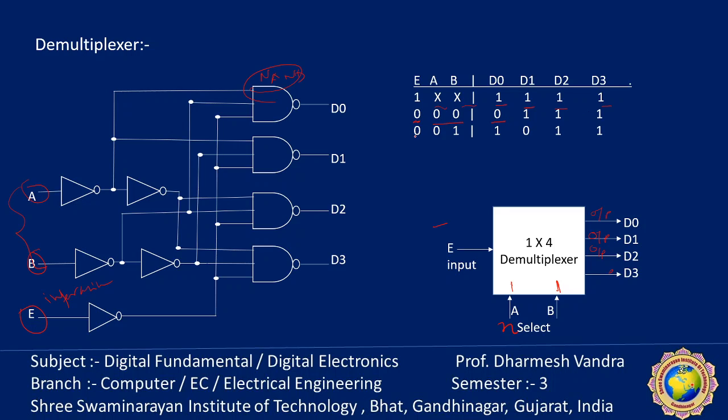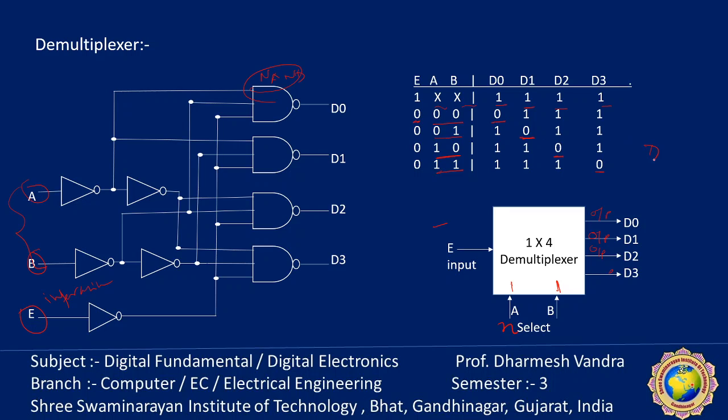So if E equals 0 and the selection line is 0 1, D1 will become 0. In AB equal to 1 0, the third line, that is D2, is equal to 0, and if AB equals 1 1, the fourth line, D3, is equal to 0.